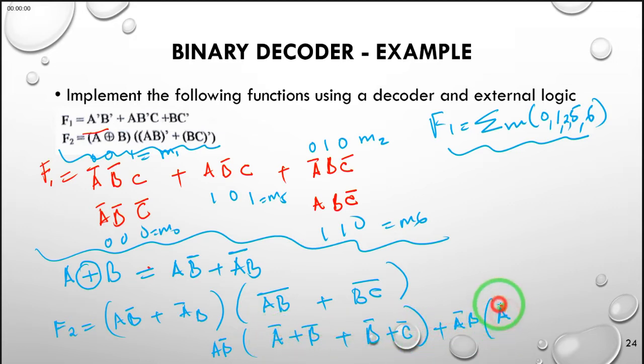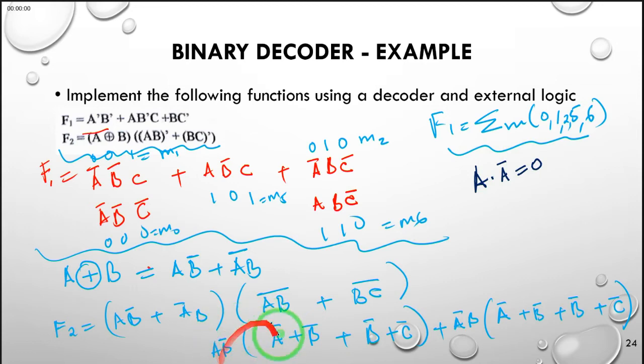We have A bar or B bar or B bar or C bar. So what we know is that this relationship that says A dot A bar is equal to 0. Therefore, whenever we meet any two terms that are opposite of each other, we term that as 0.